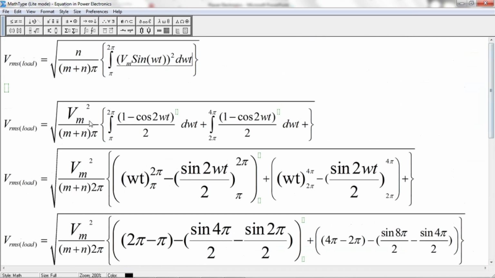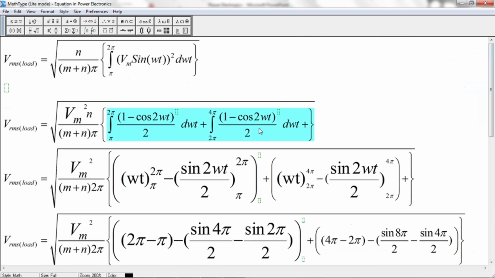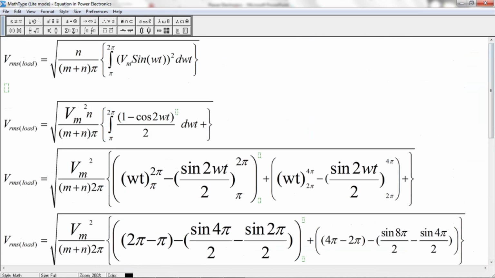So then there is an n term here, pi, so you just delete this. This plus is not required.